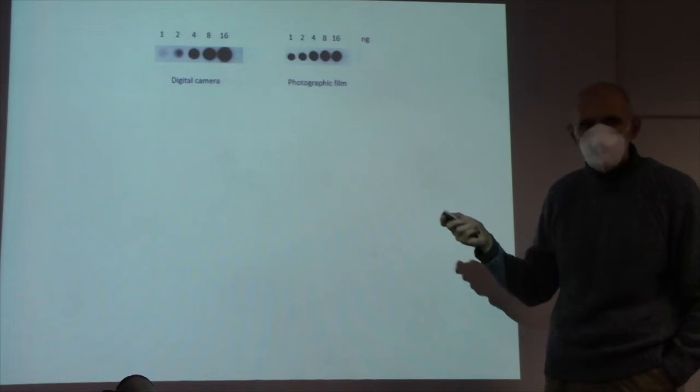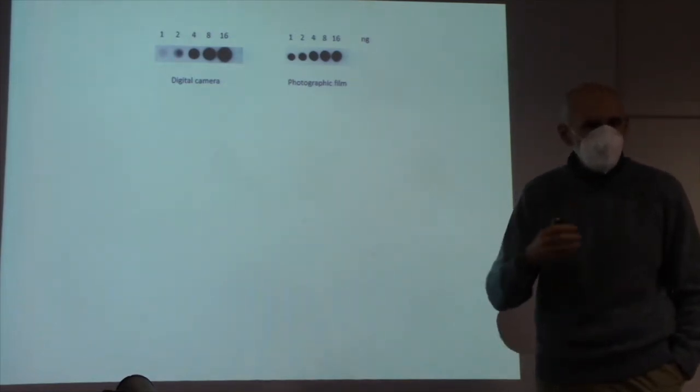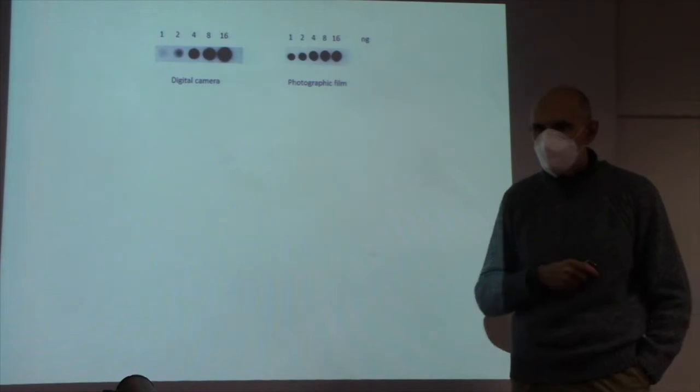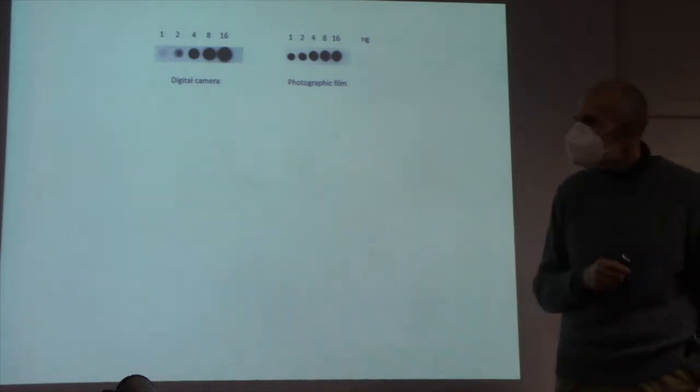So what a dot blot lacks is the dimension of the protein. Because it's not separated on a gel, you cannot determine the molecular weight of the protein that you are revealing. But other than that, it's exactly like a Western blot as I've shown.